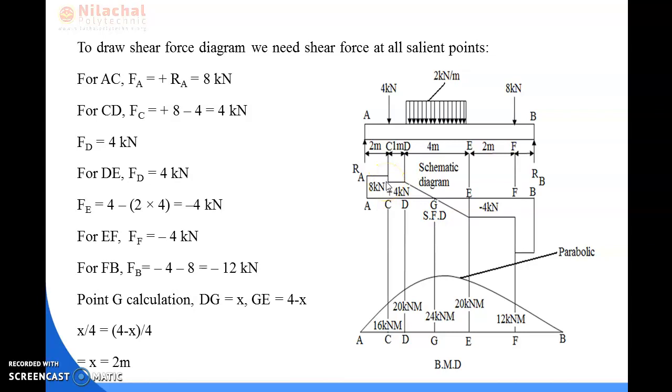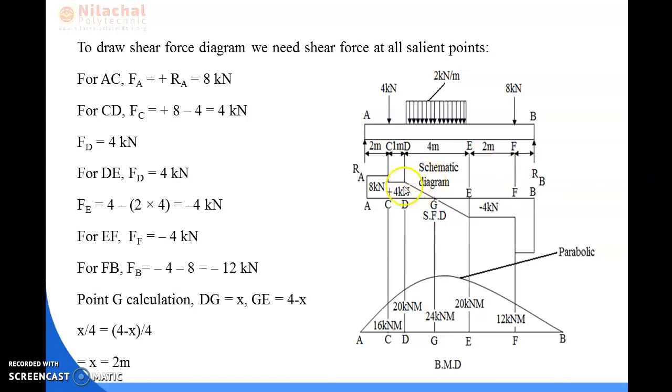After that, at point D, the shear force of the point C is continuing up to the point D. So here also the value of shear force is 4 kN.